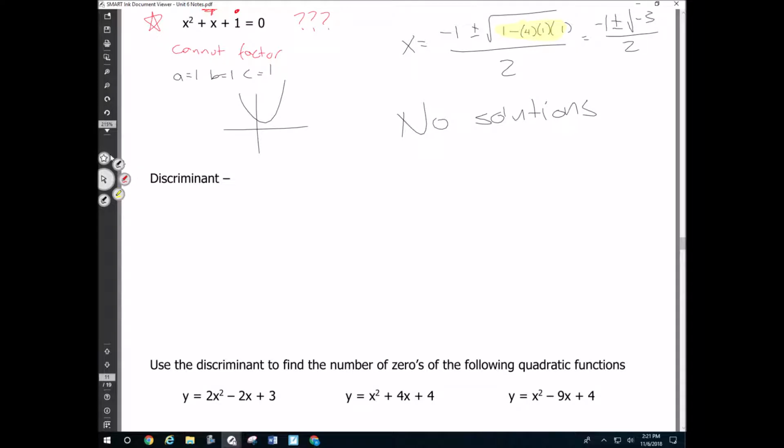The discriminant is just the stuff under the square root in the quadratic formula. Namely, it's b squared minus 4 times a times c.